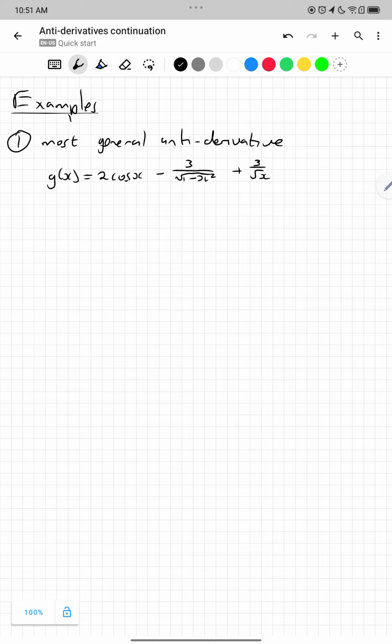So most general antiderivative, first I just like doing this when I start, so I tell the marker that this is what I know it to be. Right, and then antiderive.